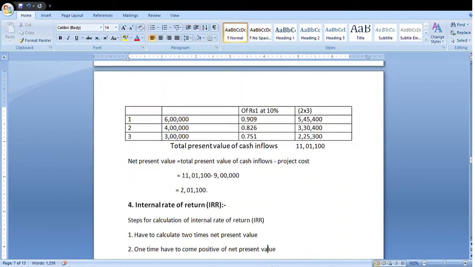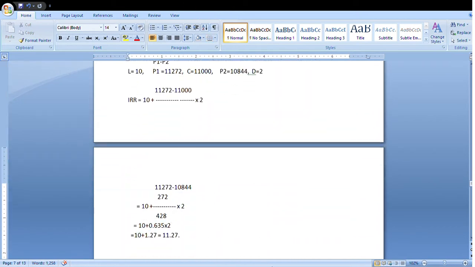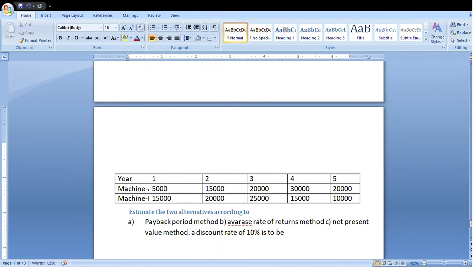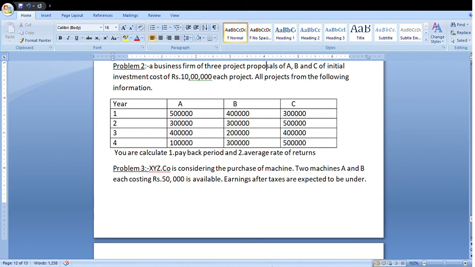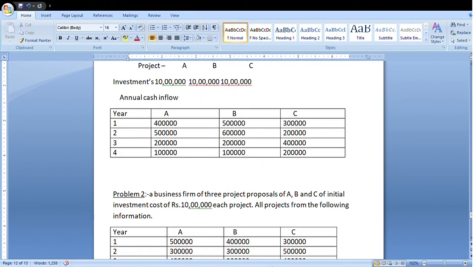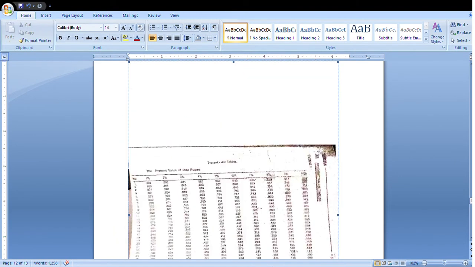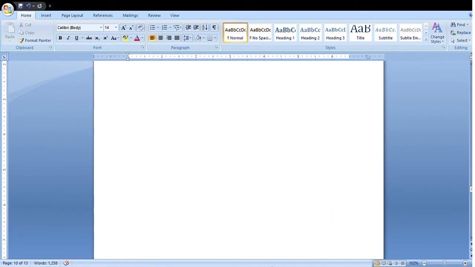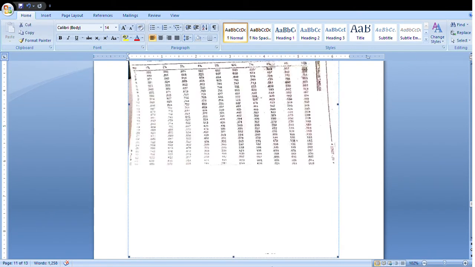This is the present value table. This is the years: first, second, third, fourth.